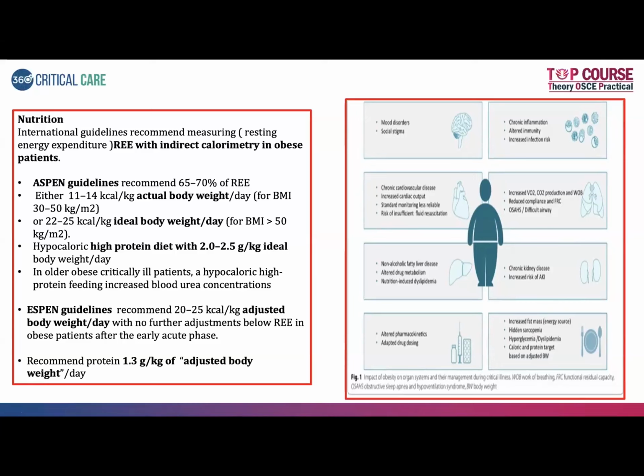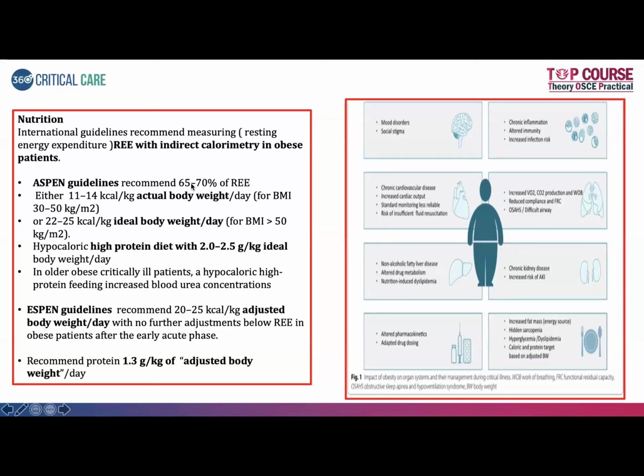When coming to the nutritional aspect, this is something very important that you need to understand, mainly because the different guidelines suggest different kilocalories, different protein, and whatever body weight they consider is different. International guidelines recommend measuring resting energy expenditure with indirect calorimetry, but this is going to be very, very difficult.